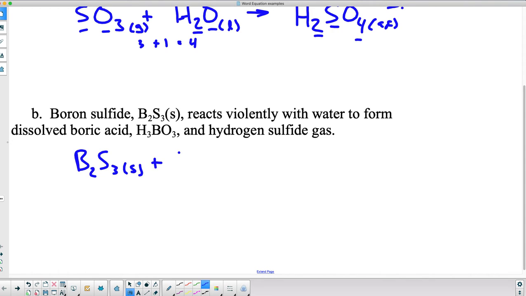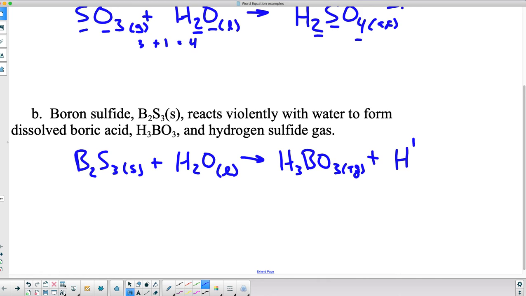Violently with water, again liquid, to form boric acid, H3BO3. If it's an acid, it has to have an AQ after it, and hydrogen sulfide gas. Okay, so that's my first step.